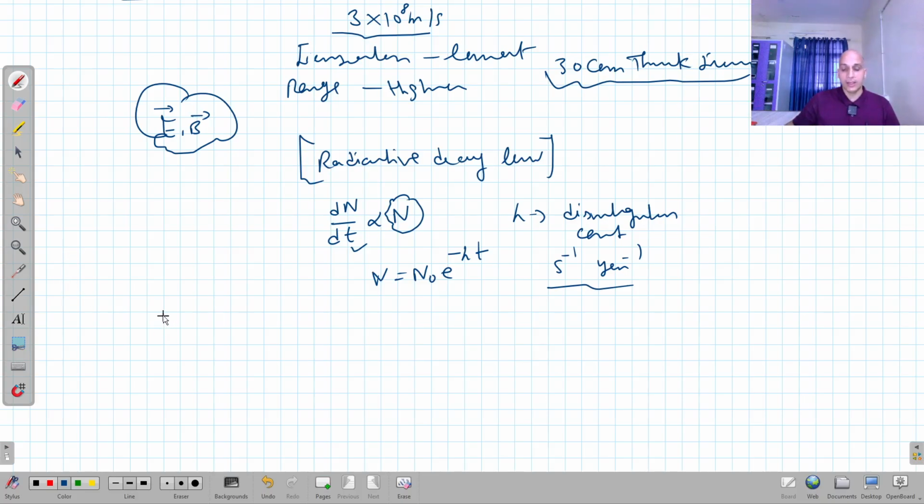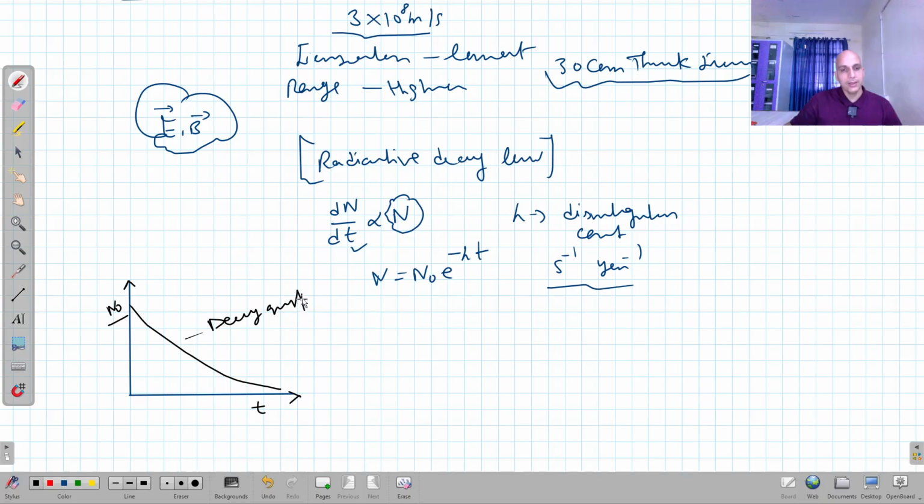If we plot a graph between the time and the number of nuclei, then we have to remember that graph. I'm plotting it here for understanding. We call it a radioactive decay curve. If we plot it, it will not touch this axis. This is N naught, the initial number of nuclei in the sample, and this is the decay graph.